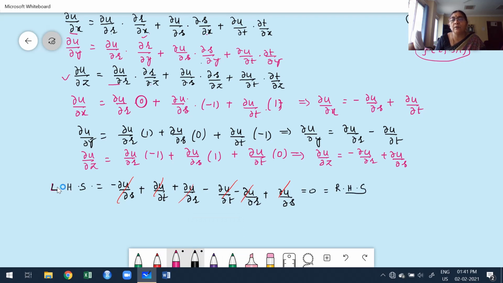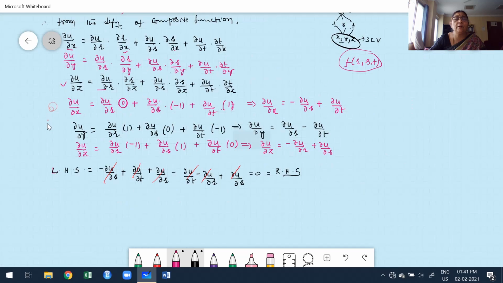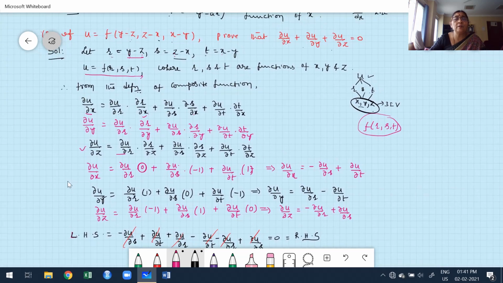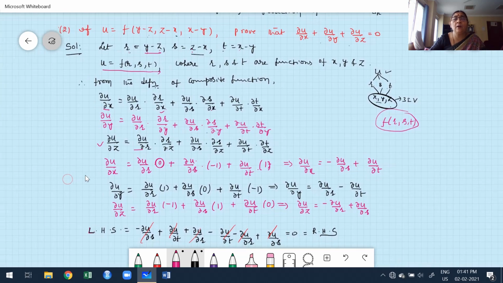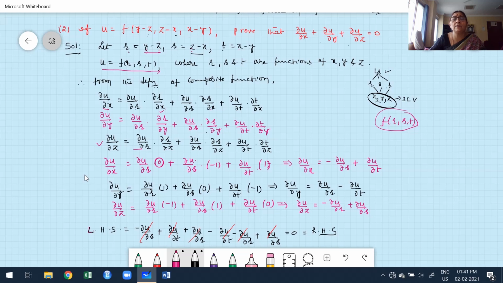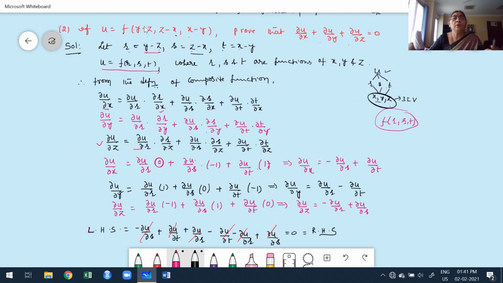Yes, this is also one of the important problems. Basically, the given function is not in any one of the standard forms of the definition. Suppose it's not in the standard form, how do we convert it to the standard form? That's very, very important. Now, it's given u is a function of y minus z, z minus x, x minus y. I want to find the partial derivative of u with respect to x, y and z.